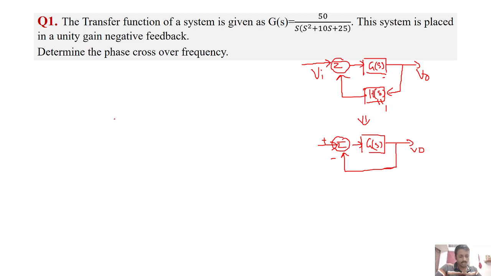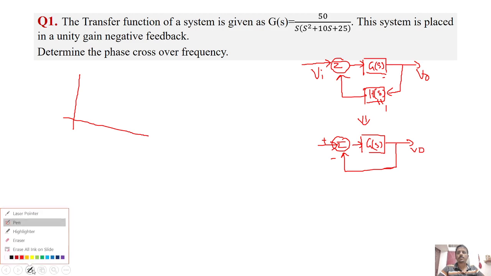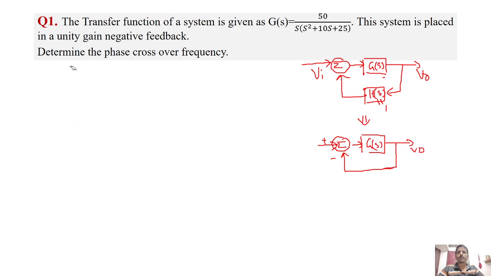So what is the phase crossover frequency? We have the loop gain G of s into H of s.